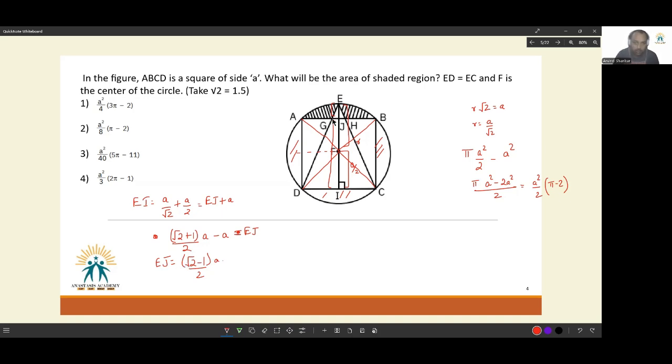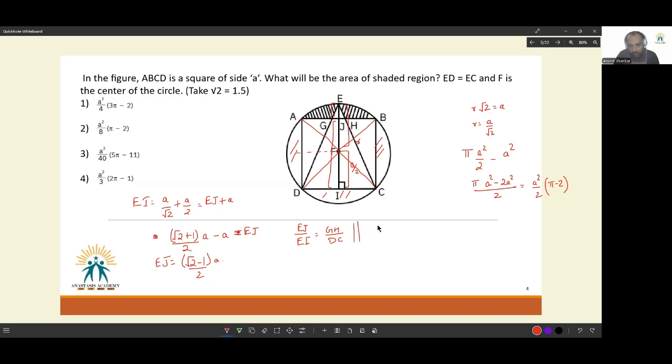Now once EJ is known, look at triangles EGH and EDC. They are similar triangles. EGH and EDC are similar triangles. EJ by EI should be equal to GH by DC. EJ I know in terms of A, EI I know in terms of A, GH I need to figure out, and DC I know is A itself. This will give me a measure of GH.